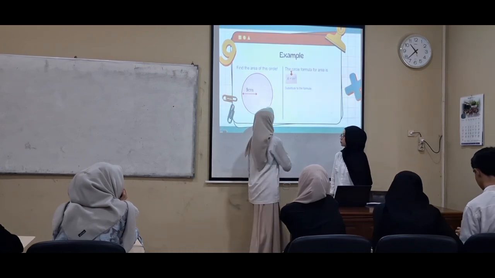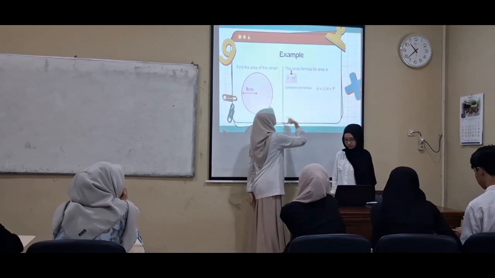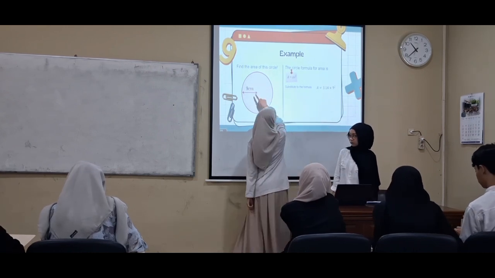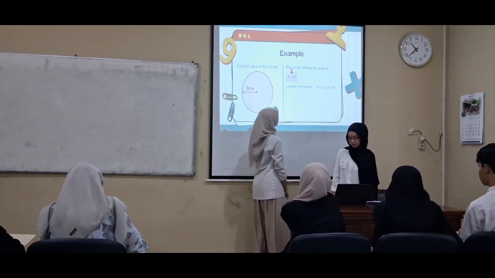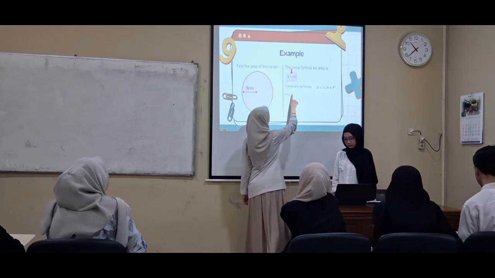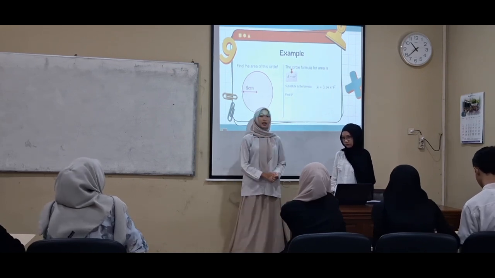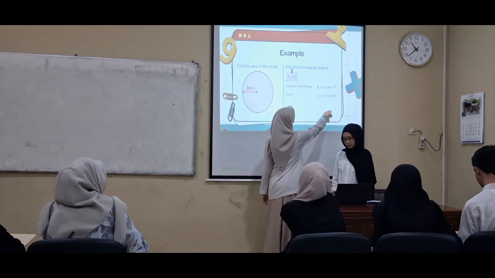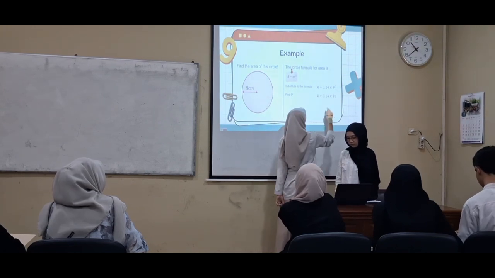Okay, we substitute that pi is 3.14 times r. The r is 9, so 9 squared. Let's find the 9 squared. 9 squared is equal to 81.